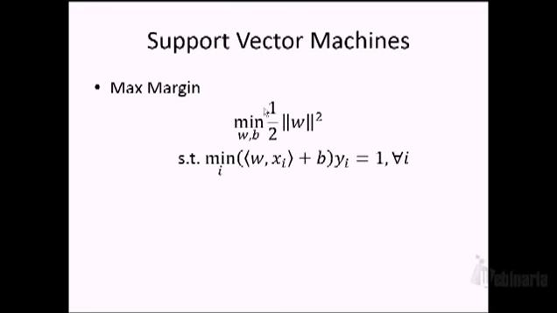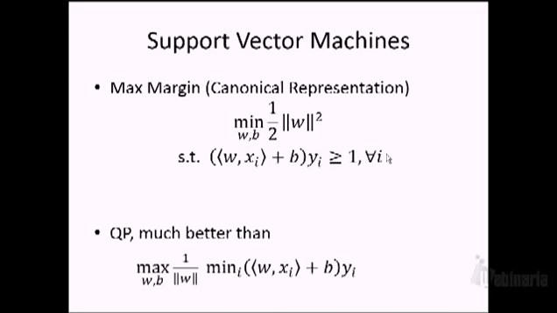Now we are left with this 1 over norm w, but this can be easily written as minimize the norm of w squared. But we still have a constraint of the form minimize over i this linear term is equal to 1.